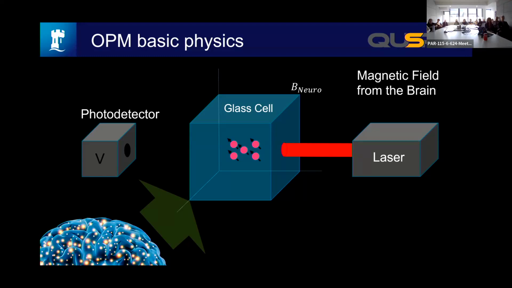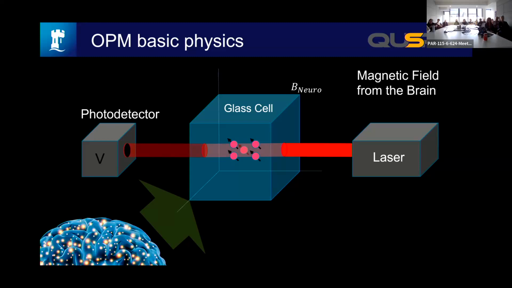But once they're all aligned, they can't absorb any more laser light, so the laser passes straight through the cell. But when they're not aligned, all of a sudden, they can start to absorb laser light again. And when they start to absorb laser light, there's less light getting through the cell.